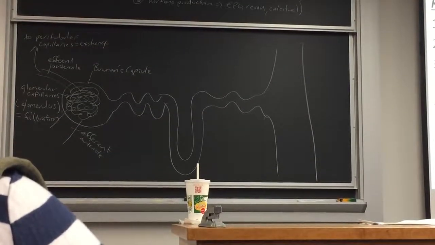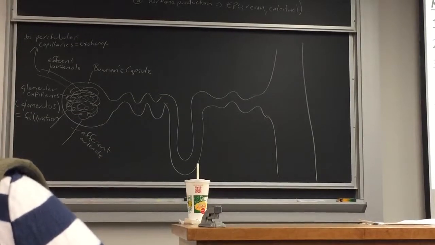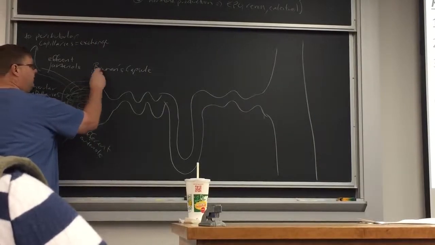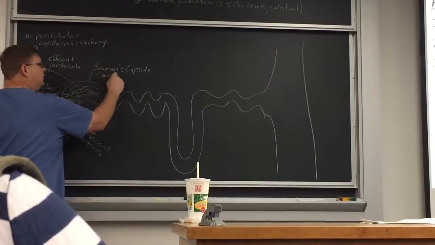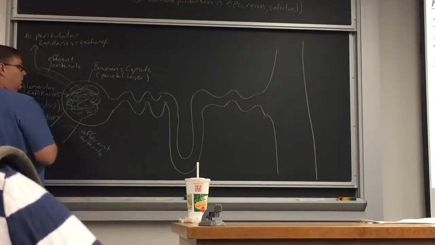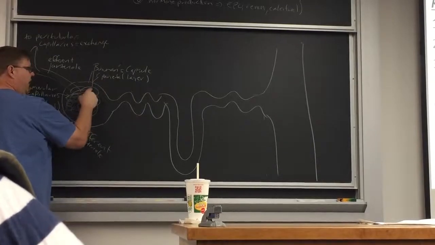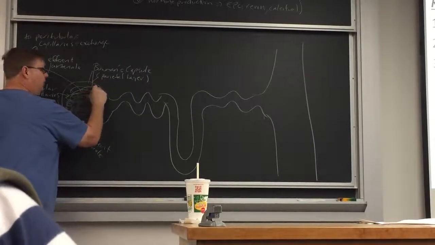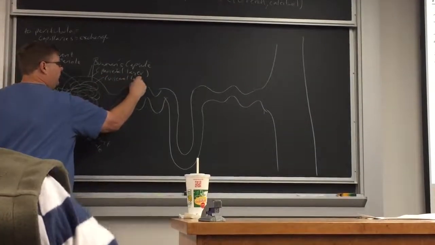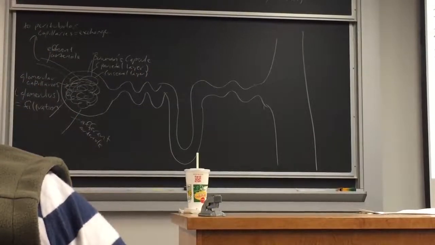So it makes sense, the visceral one is on the organ, so the parietal one's the outside. So this outer layer right here, that's the parietal layer. And you have the layer right on top of the glomerulus. The one on top of the glomerulus is the visceral layer. And we'll talk about what that does and what that is in a few minutes.